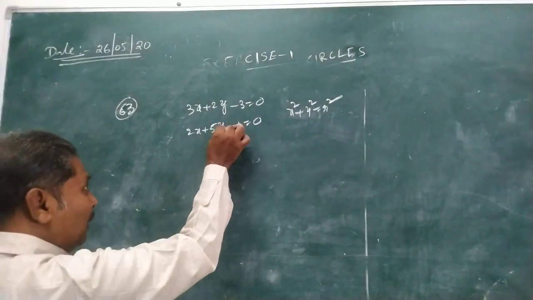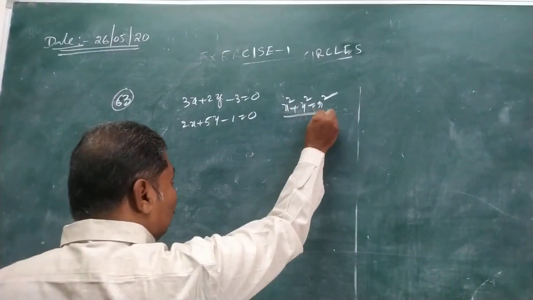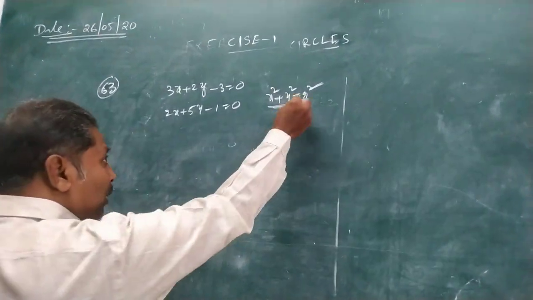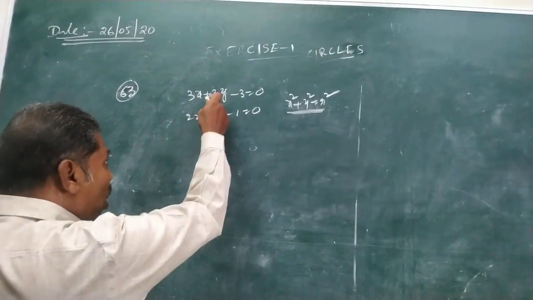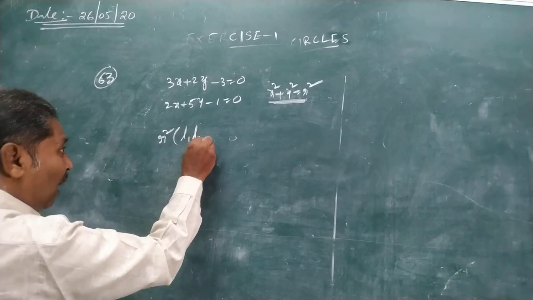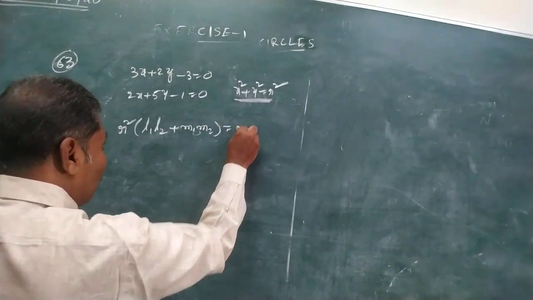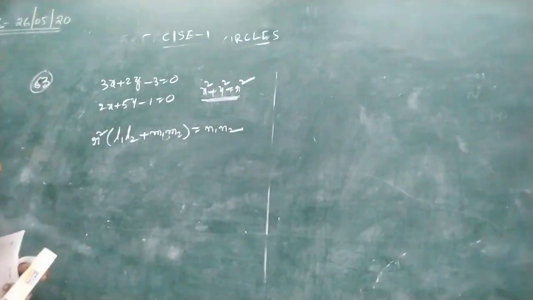These two lines are conjugate lines with respect to this circle. Then find the value of r square. Conjugate lines condition is r square L1 L2 plus M1 M2 equal to N1 N2.